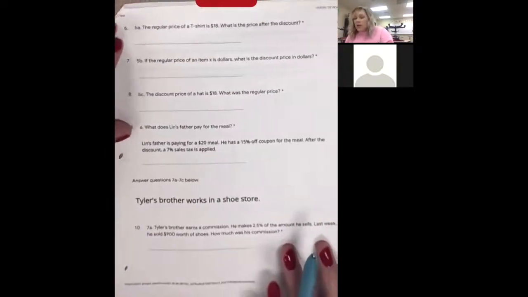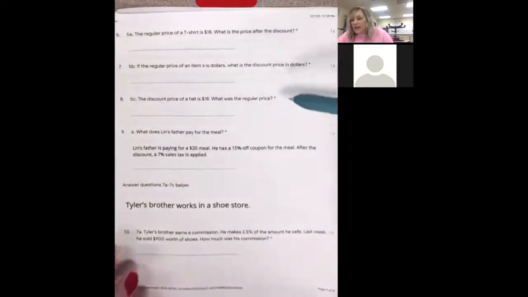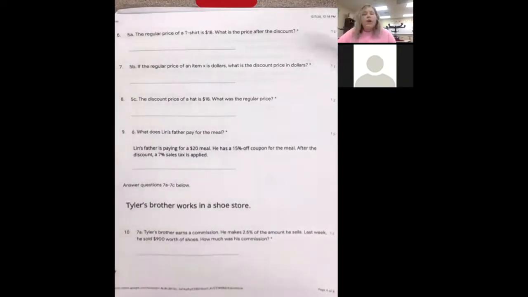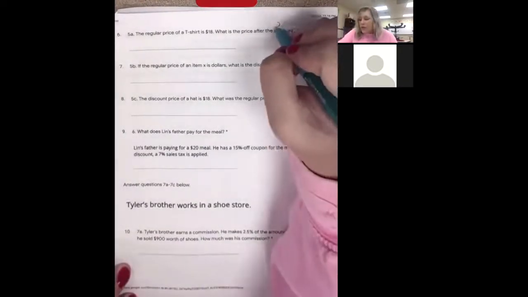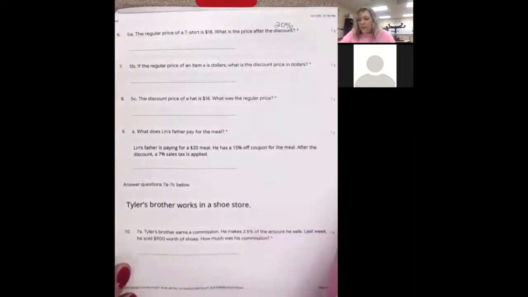Okay, so for number 5, we're using this information that the store's having a sale and they offer a 20% discount. So if the regular price of a t-shirt is $18, what would be the price after the discount? And again, it's a 20% discount.